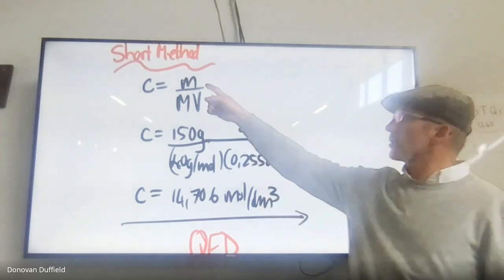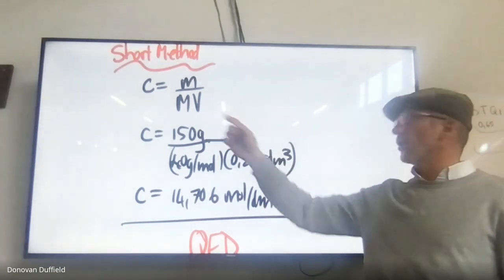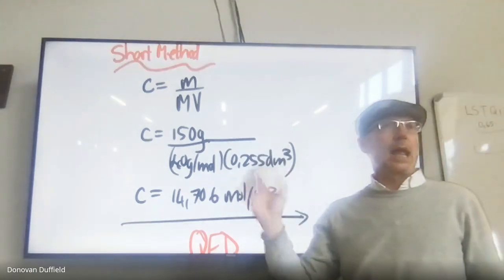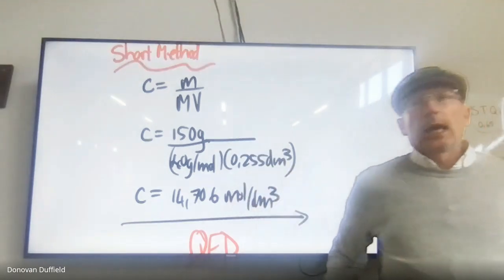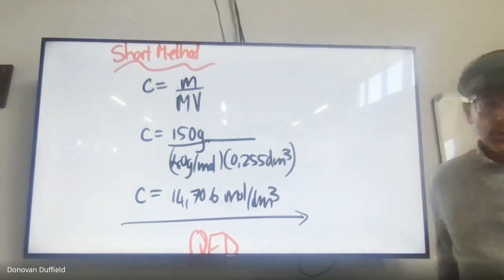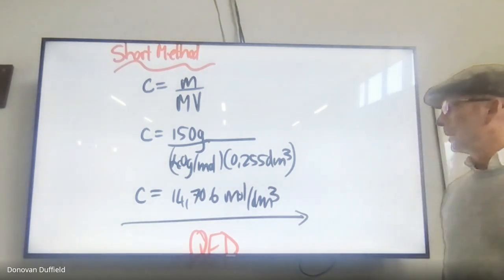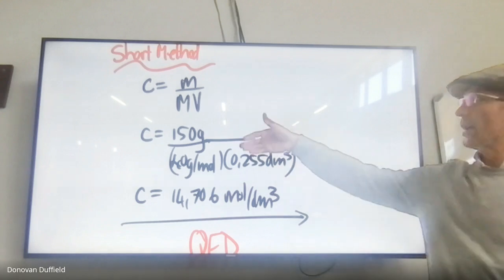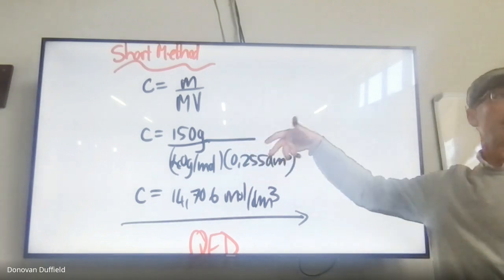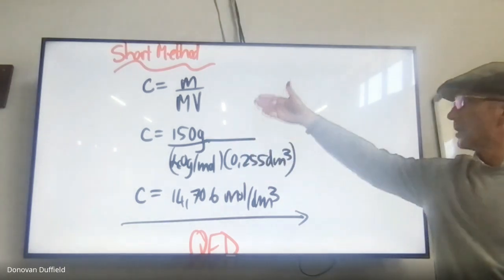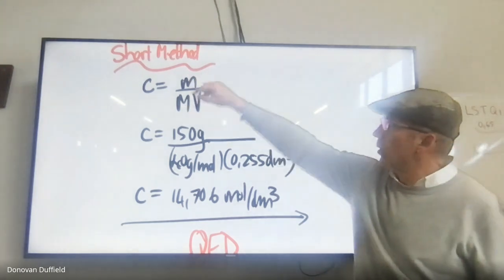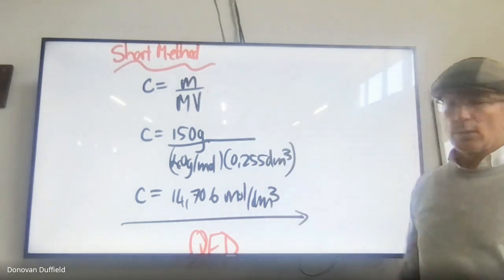So concentration is mass over molar mass, over volume of solution. It's a very, very handy formula. It combines the two formulae into one, so in one basic calculation you can do the number of moles and the concentration calculation and it gives you the answer.